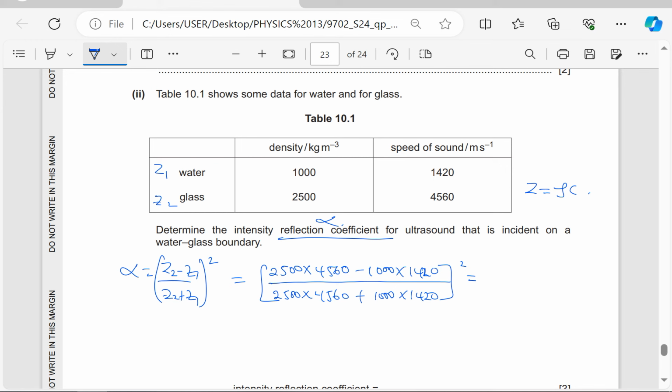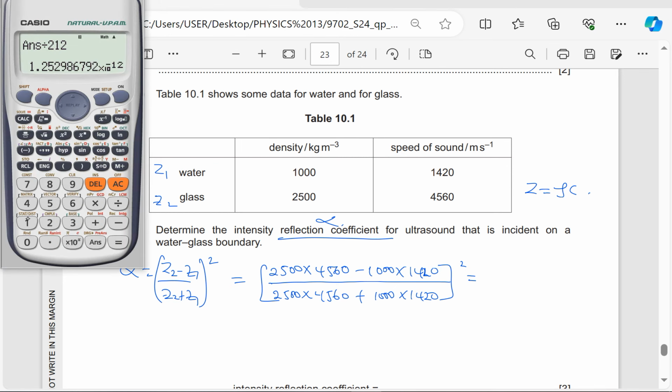So let me try to simplify this. So you have 2500 times 4560, then minus 1000 times 1420. So that is 998 and 4 zeros.